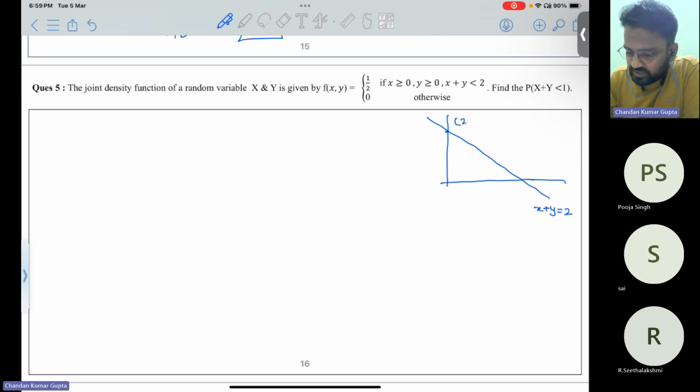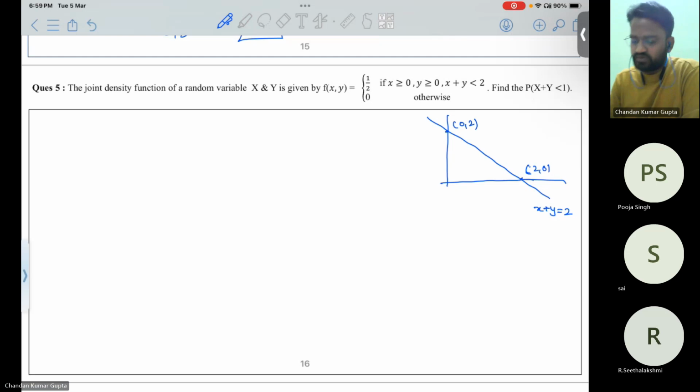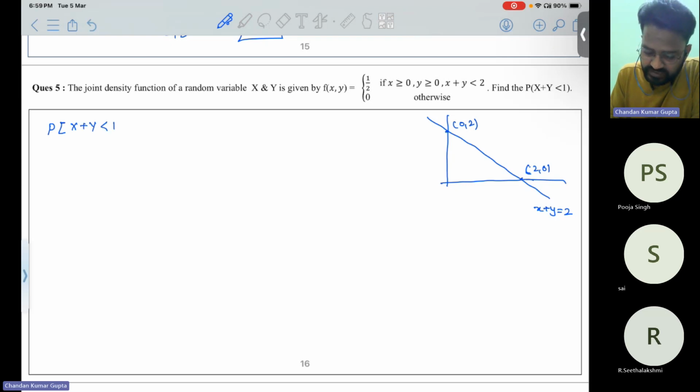This is the point (2, 0), and this is (0, 2). We need to calculate the probability that x plus y is less than 1.